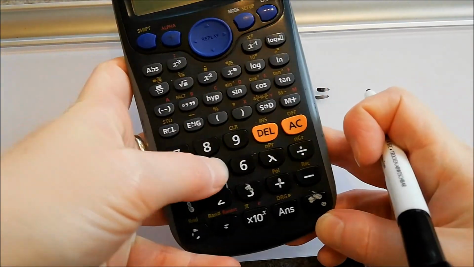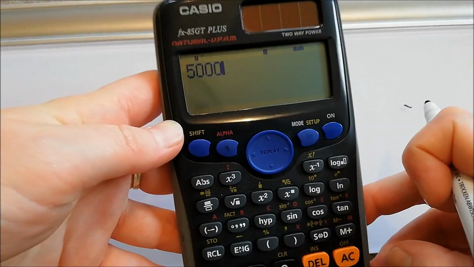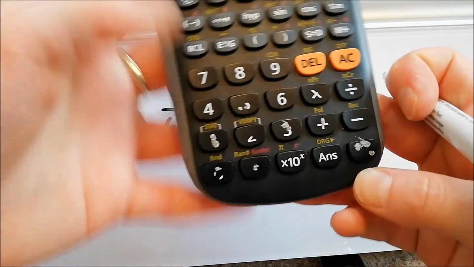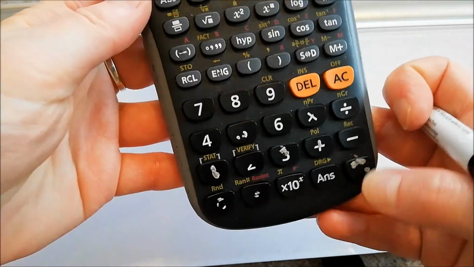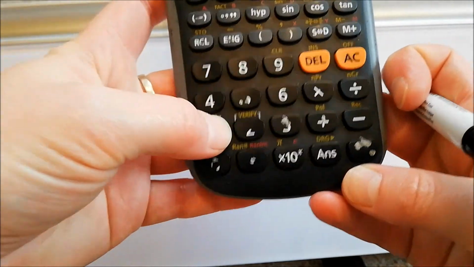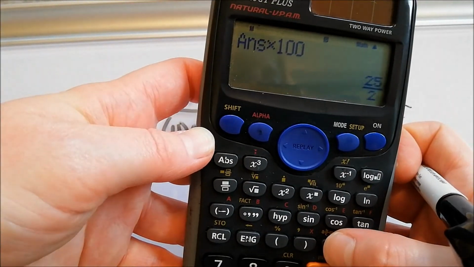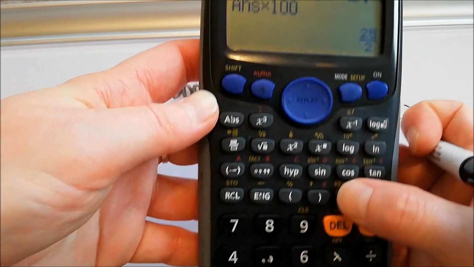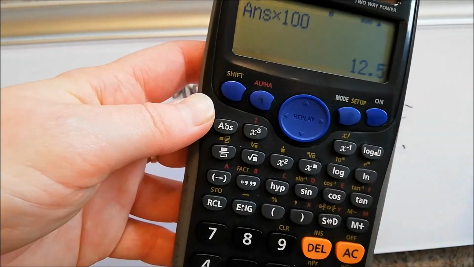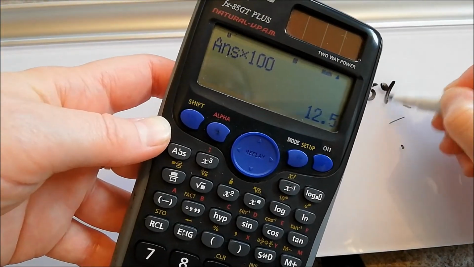So 5,000, oh, I've put one too many zeros, 5,000 divided by 40,000 equals, times 100 equals, and then it's giving me a fraction in this case like that. So if I press my S to D button, it'll send it to a proper number, which is 12.5%. All right.